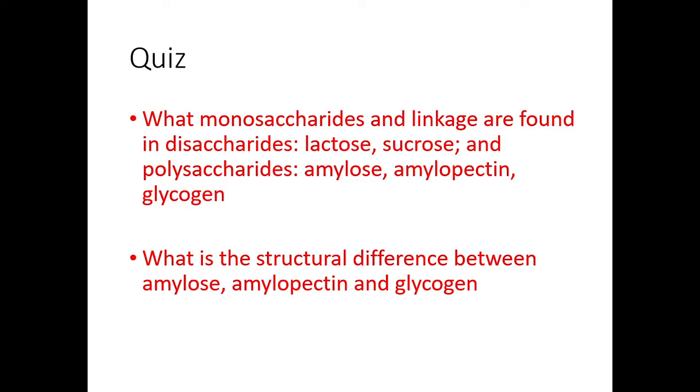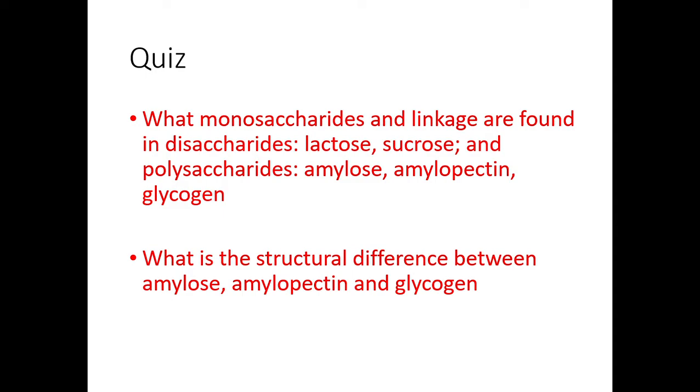And also what is the structural difference between those polysaccharides? While amylose is a long chain, amylopectin is the branched molecule but with a few branches. Glycogen is a highly branched molecule. Right, so that's the difference between those three polysaccharides.